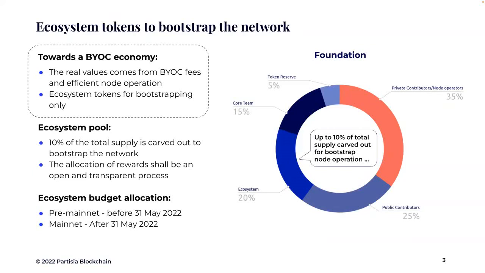There is a fee captured, and they are distributed according to the payment schemes built into the system. That's going to be the main income for the node operators. Here we're talking about the bootstrapping of the network, the MPC tokens on top of this. We will see that more of these are paid out in the beginning of the network, and less when we move further down the road.